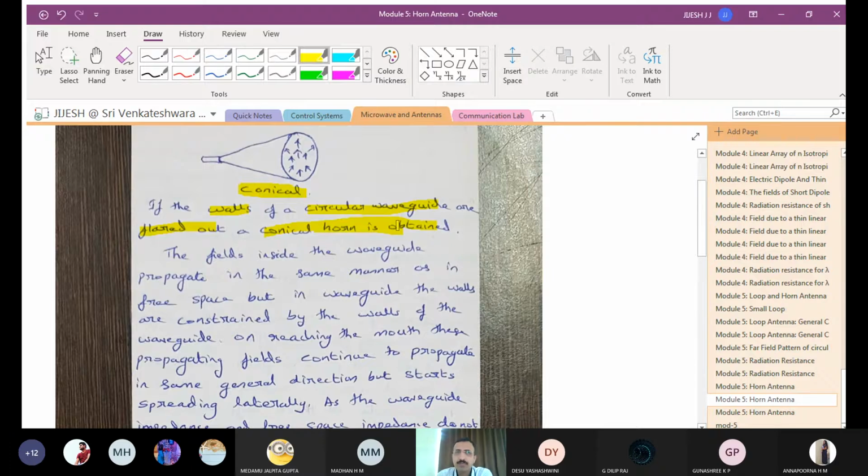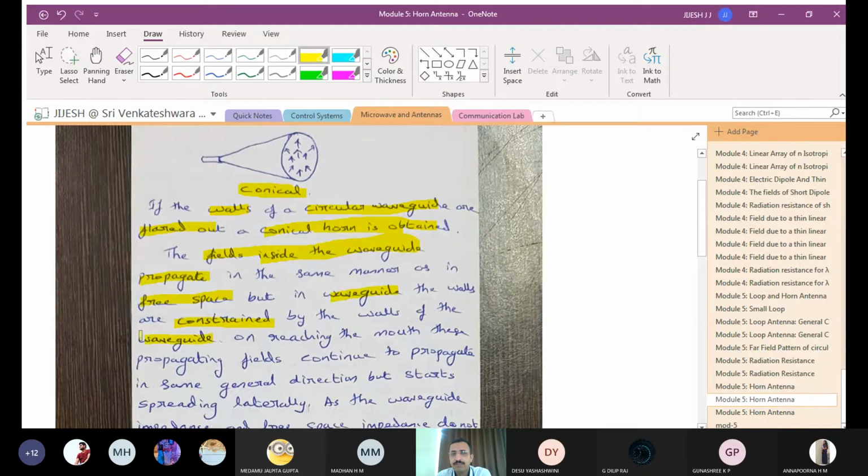It is based on the application of the user. You can decide which horn antenna has to be selected, and you can rely on those things. Now, the fields inside the waveguide: when you take the fields inside the waveguide, they propagate in the same manner as in free space, but the fields are confined by the walls of the waveguide.